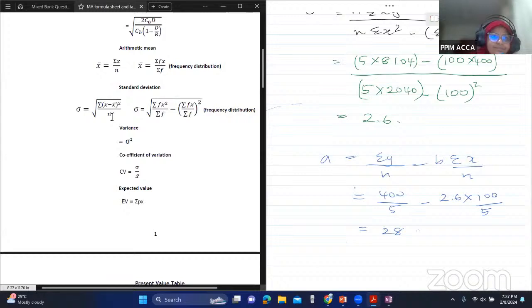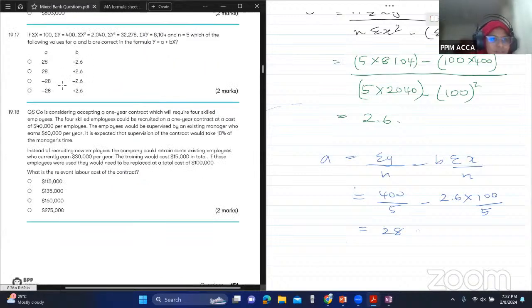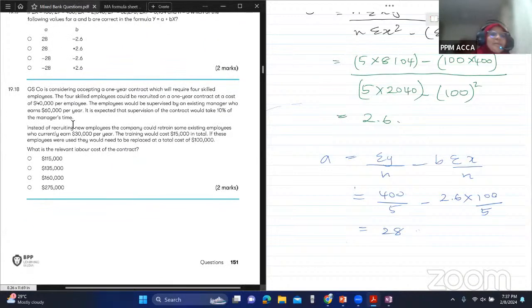Right. Let's look at the 18th one. GS company is considering accepting a 1-year contract which will require 4 skilled employees. The 4 skilled employees could be recruited on a 1-year contract at a cost of 40,000 per employee.